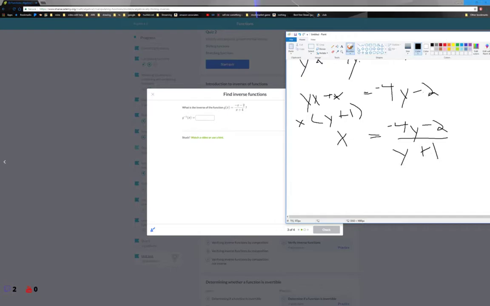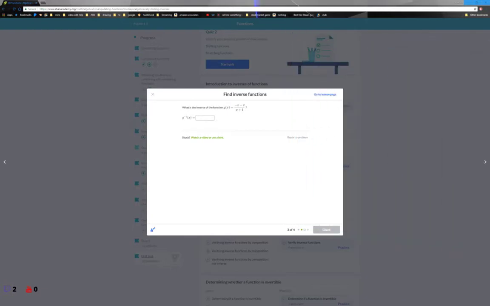And that should be our answer, except we're going to replace these y's with x's. Can't forget to do that again. So we have negative 4x minus 2 over x plus 1. And we got it wrong.